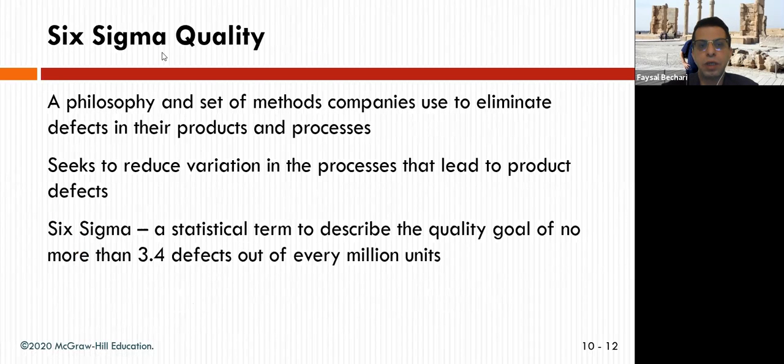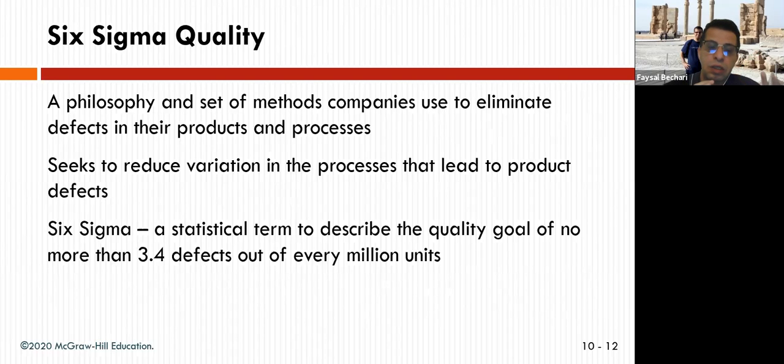Now, one of the options that you work on, and we talked about it, is Six Sigma quality. It is a philosophy and set of methods companies use to eliminate defects in their product. Usually this is done in mid-sized to large-sized companies, especially in manufacturing.